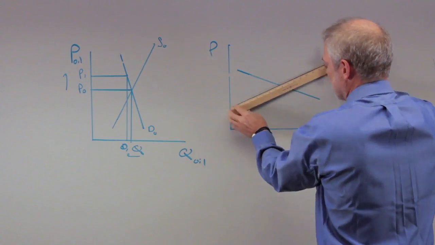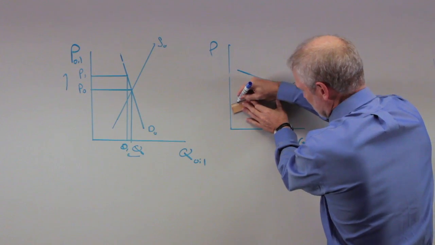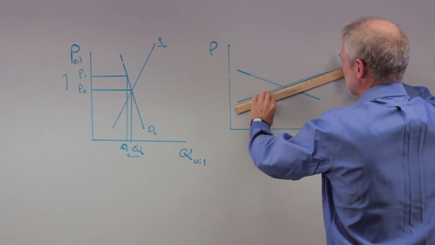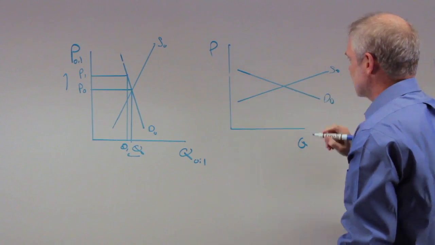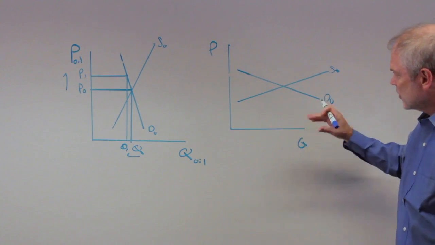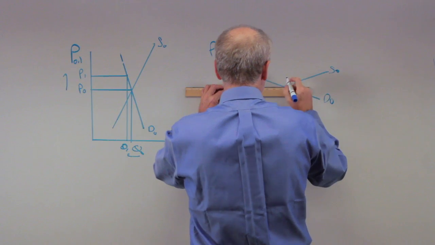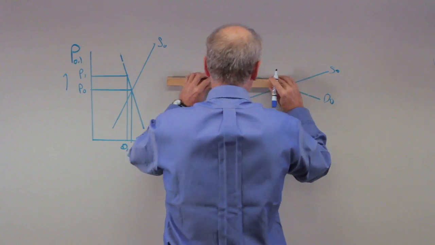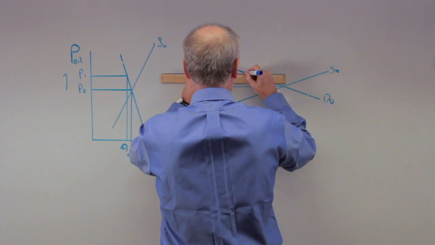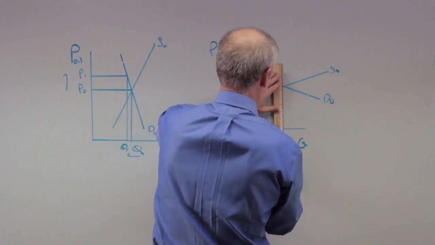That's a demand curve. A relatively elastic supply curve looks something like this. We'll call this D0, call this S0. Now we're showing that if you change price a little bit, big things are going to happen in these markets. So let's increase the price by about the same amount we did before, and notice what happens to quantity demanded.